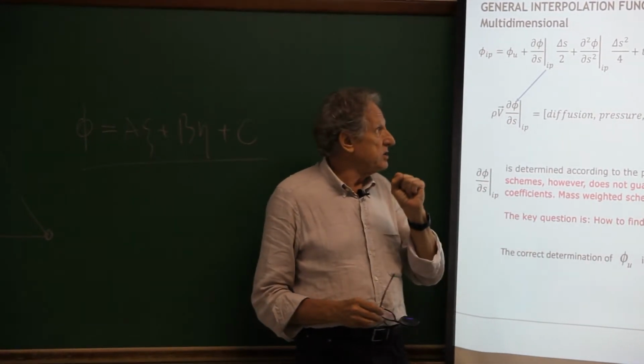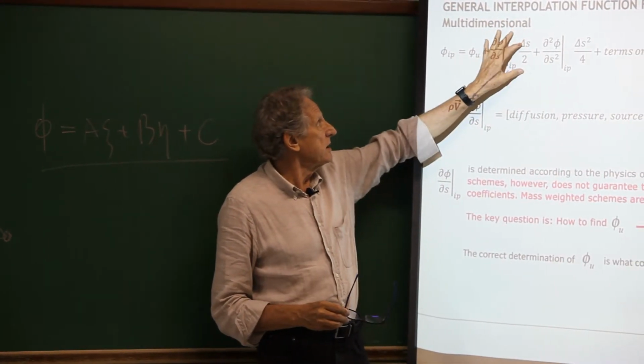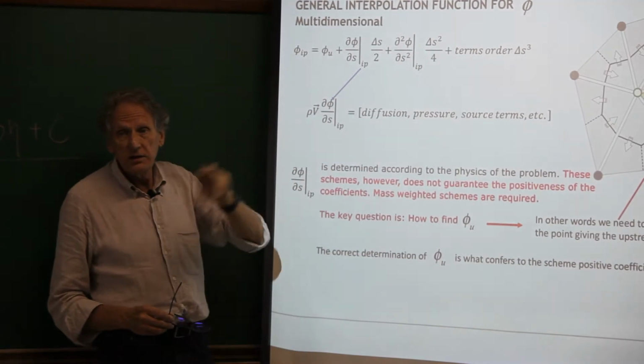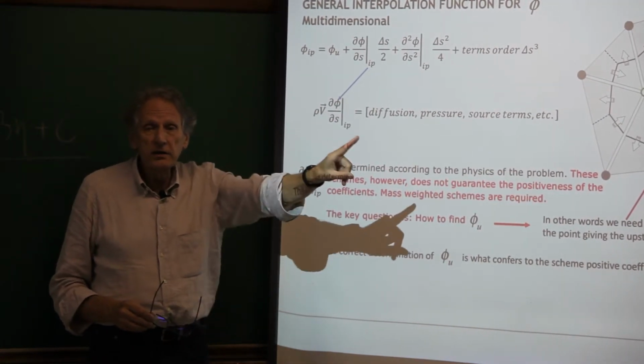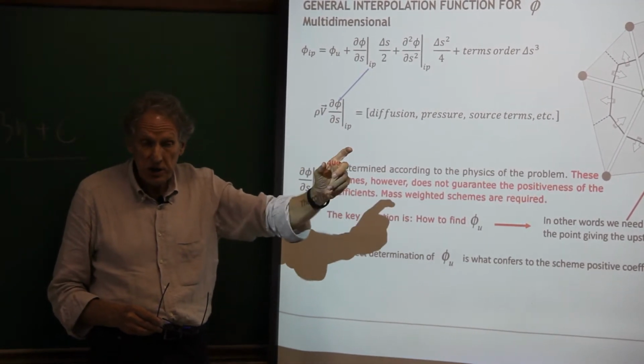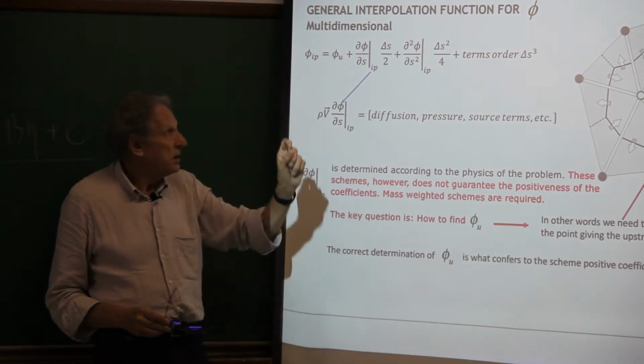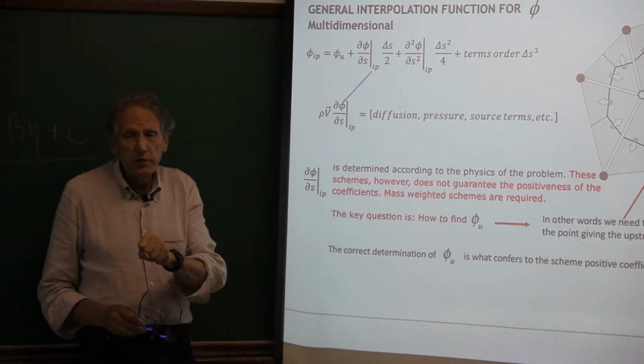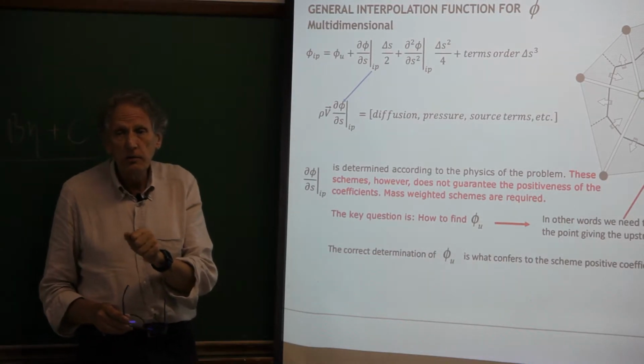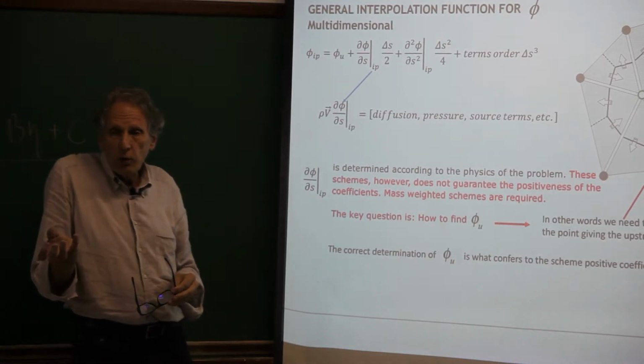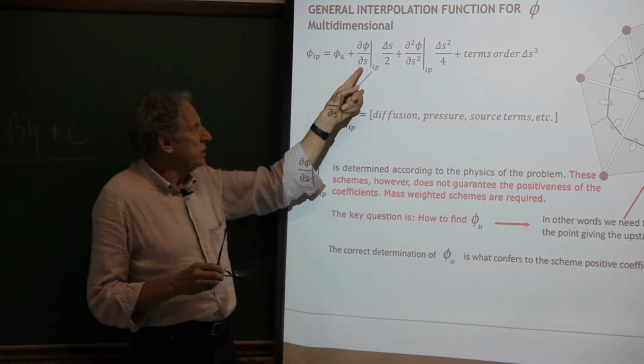If I drop everything here, this is first order, pure upwind, and numerical diffusion is present in large amount. I want to eliminate a little bit of this numerical diffusion. What should I do? Put in some higher order terms, and this will do the job.